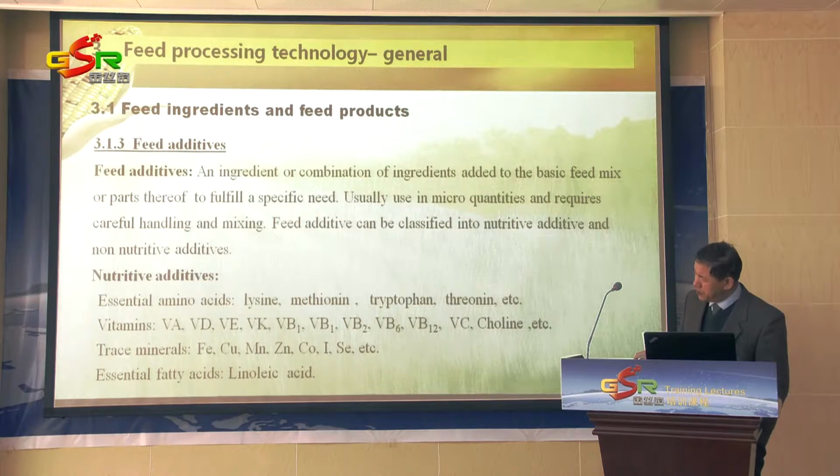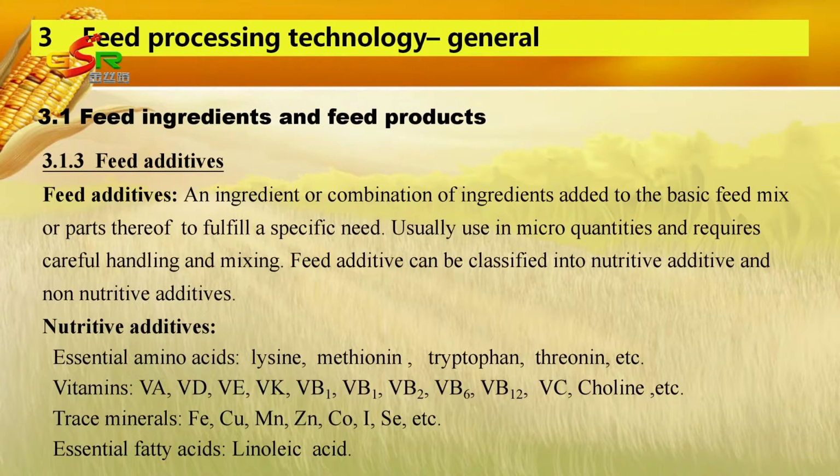Trace minerals are used in trace amounts in animal feed. They usually include 7 kinds of trace minerals: iron, copper, manganese, zinc, cobalt, iodine, selenium, etc. So these are trace minerals.